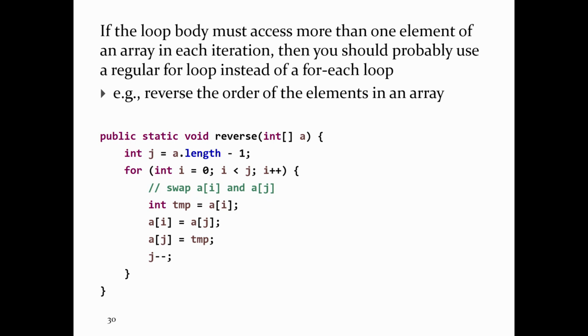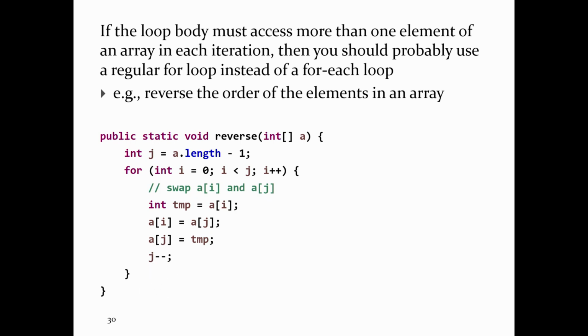Now, the counting loop is going to keep track of the index i, so each time through the loop, i is going to go up by 1. We're keeping track of the ending index ourselves, so we have to update the ending index ourselves here. So there's that j minus minus there.